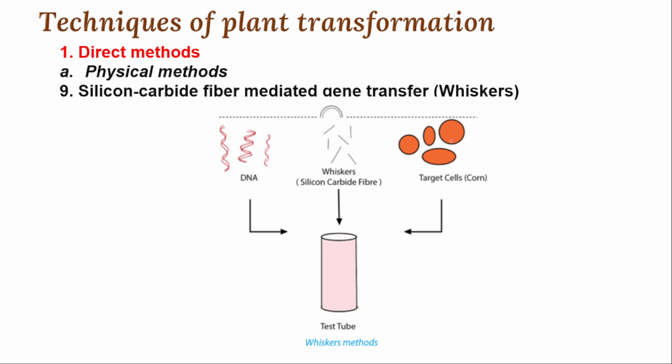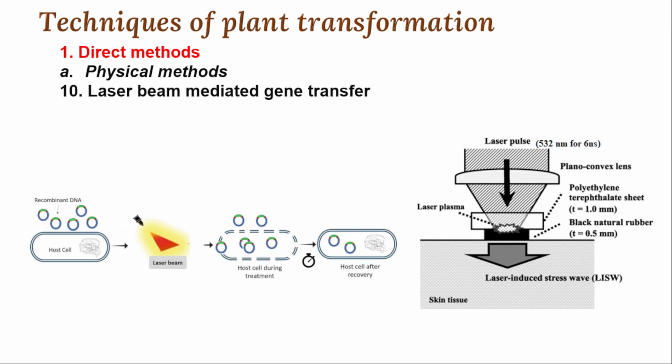The target cell protoplast will be there. On the protoplast you can observe that small pores are created because of these silicon carbide whiskers. So the desired gene or DNA will enter the pores created by these whiskers or silicon carbides. This is also a prominent method.